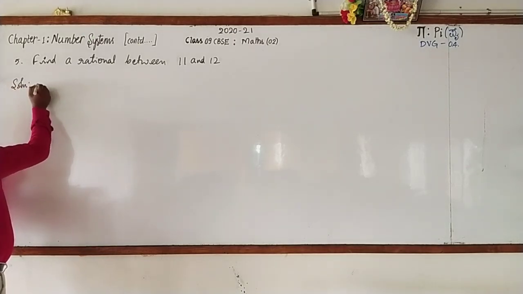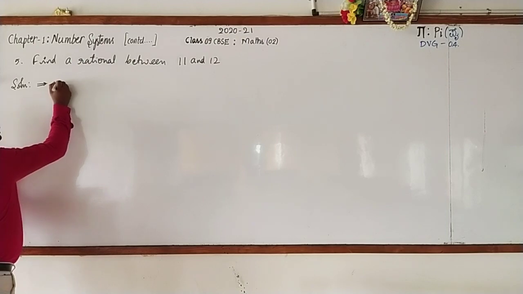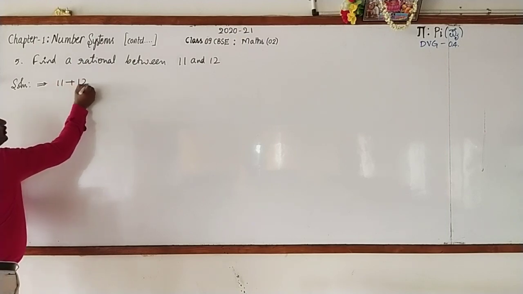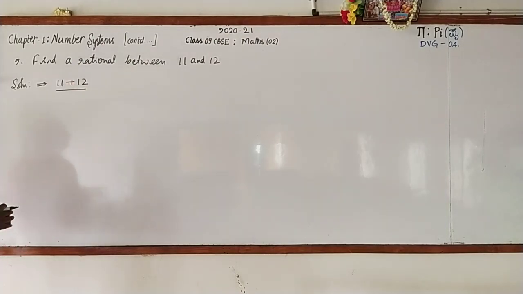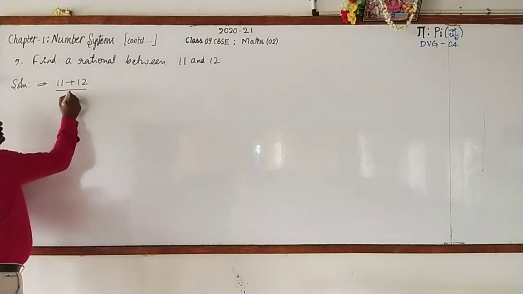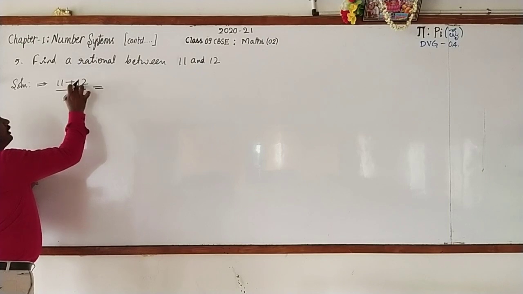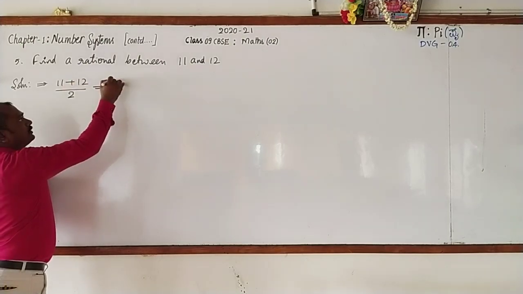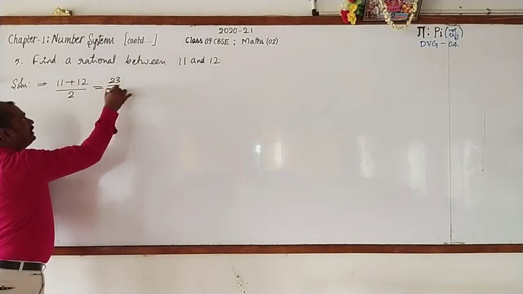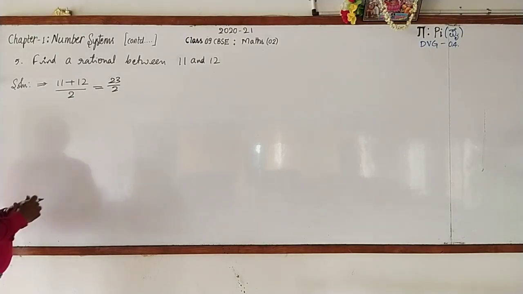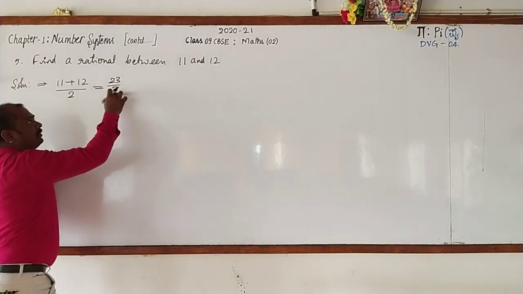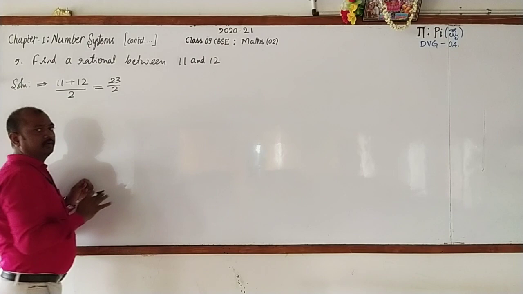Here, I add them. Now could you tell how many numbers are added? Two numbers. So let us divide it by 2. It is equal to 11 plus 12, it is 23, 23 by 2. So it is a rational number between 11 and 12.